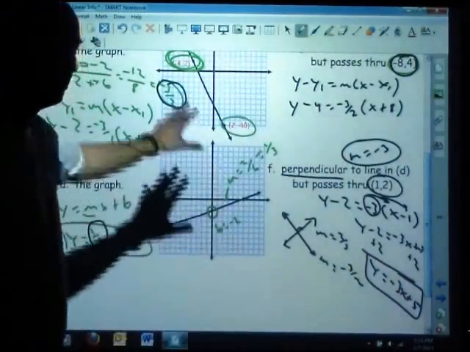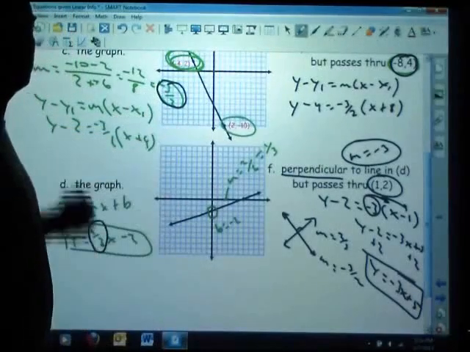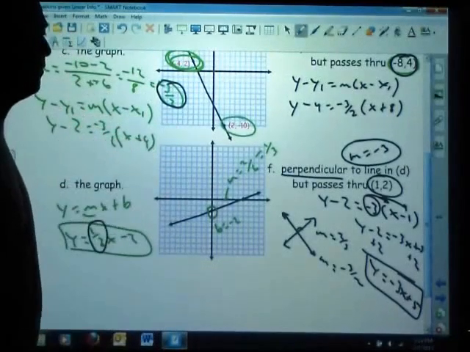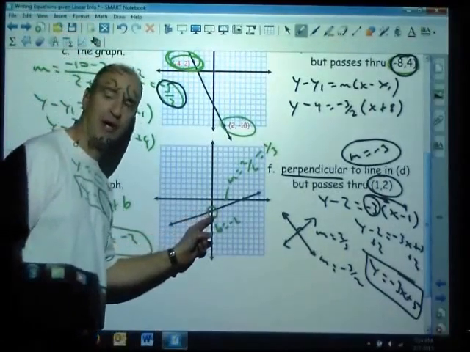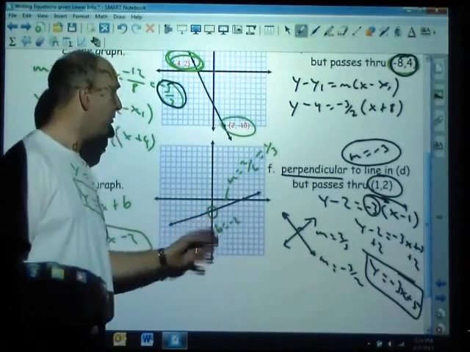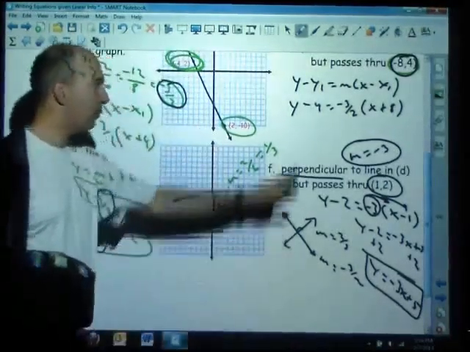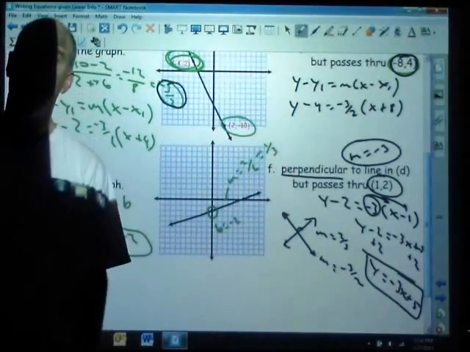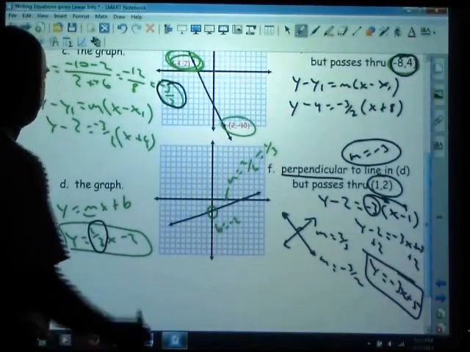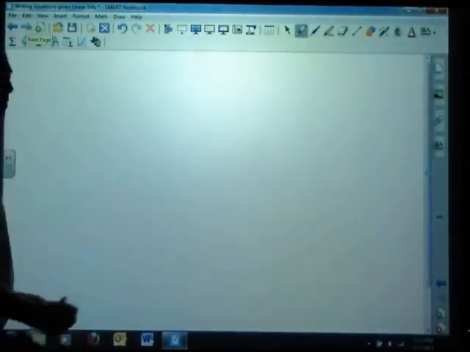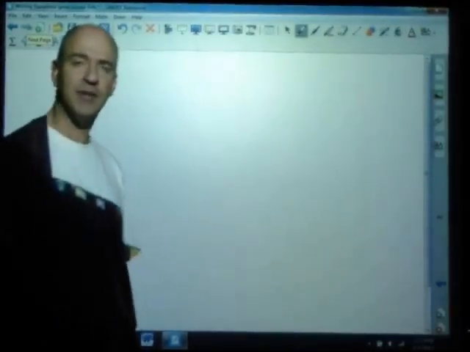So a lot of little situations where we're going to write a linear equation given the information. Slope intercept form is great if we know the y-intercept. Okay? If we don't, if we got other points, you're going to probably plug into point slope form and go with that. And then from there, if you want to, you can simplify into slope intercept form. Okay? Certainly, standard form is the different one.